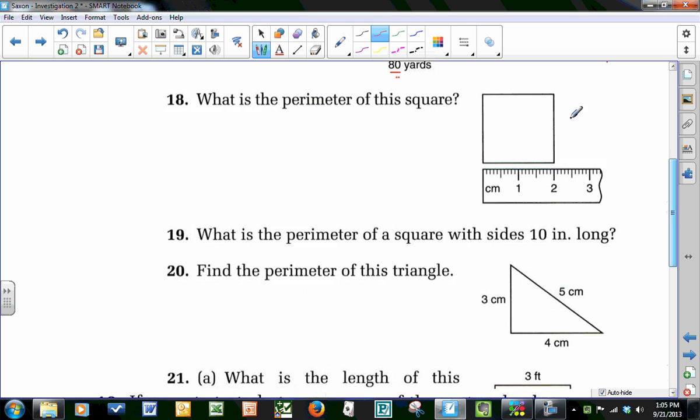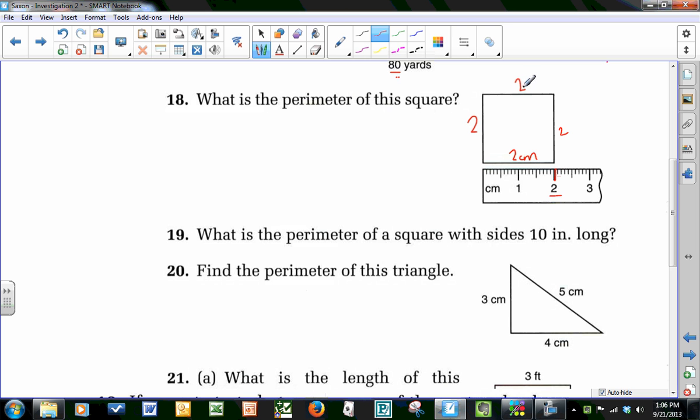Look at number 18. It says, what is the perimeter of this square? Well, a square has four sides, so we have to add all four sides. And we know in a square that every side is the same length. So here they have a ruler, and you can see that it is 2 centimeters in length. That means this side is 2 centimeters, this side is 2 centimeters, this side is 2 centimeters, and this side is 2 centimeters.